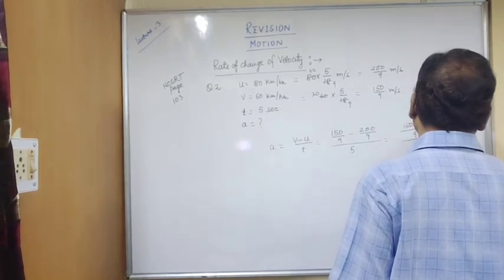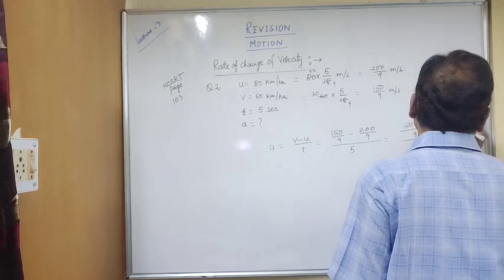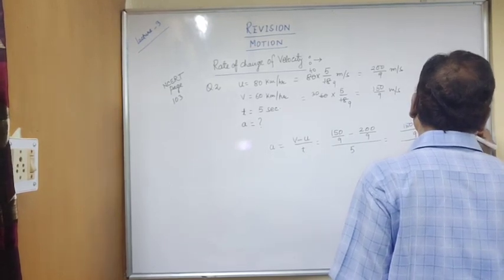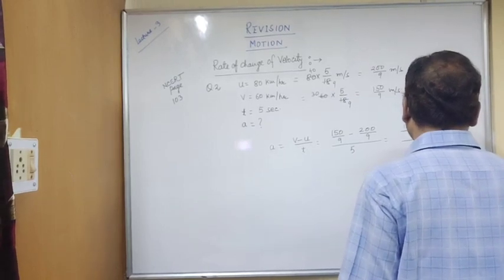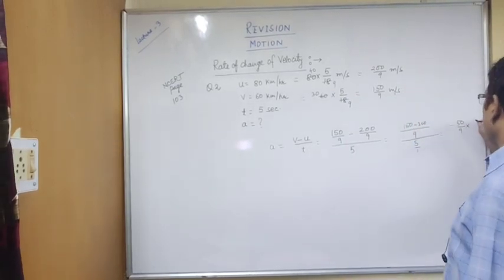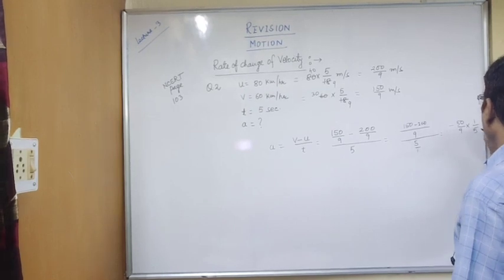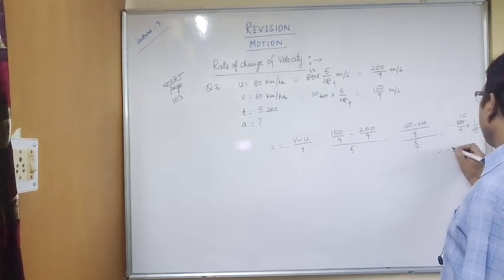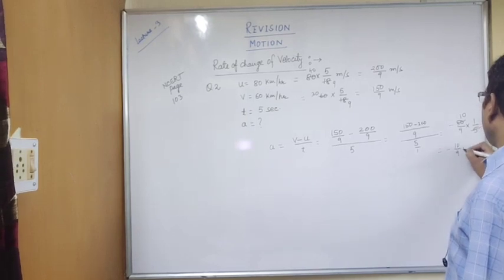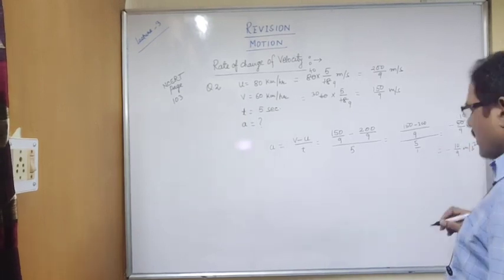So it will be minus 50 by 9, and the denominator as 9, 1 is hidden, so it can be written as 1 upon 5. So cut it will be minus 10 by 9 meter per second square.